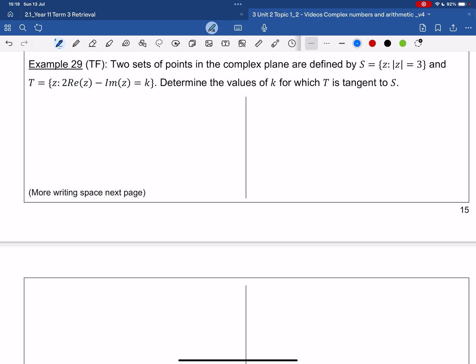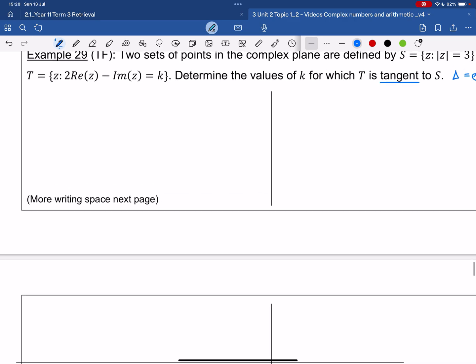Another clue here is that the word tangent tells you that one is just touching the other in one point. And you'll remember from methods that when you are working with numbers of solutions, we always work with the discriminant, and with one solution or tangent, your discriminant is equal to 0. All right, so let's have a look.